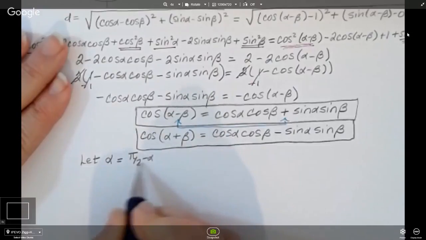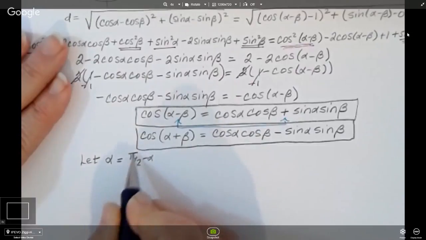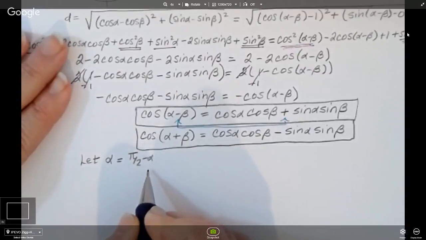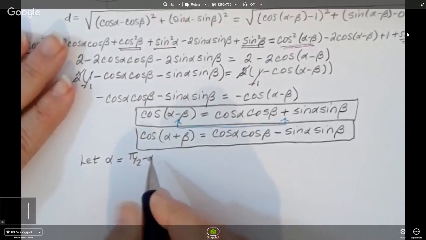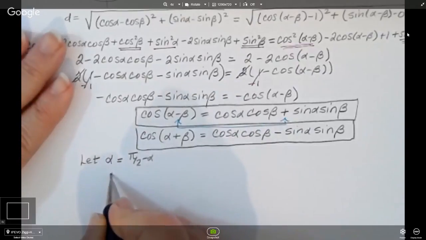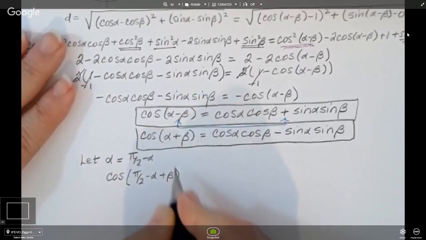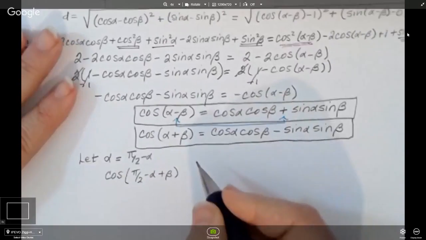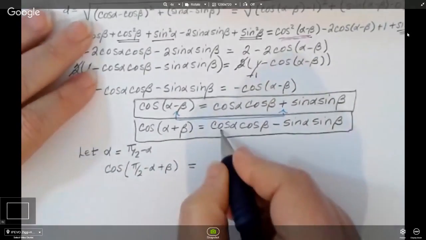So I'm just going to replace alpha with this expression for another angle, pi over 2 minus alpha. All right, so I'm going to do that substitution in this bottom expression, and I'm going to say, okay, well, that's going to be cosine of pi over 2 minus alpha plus beta, because I'm doing a direct substitution here, equals, and then I'm going to do the same thing here.